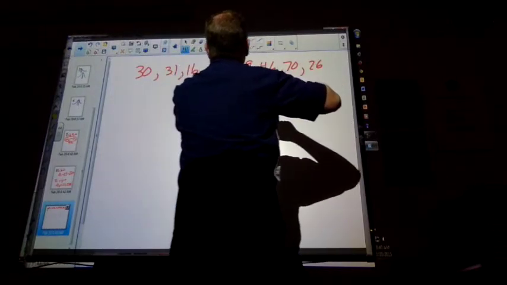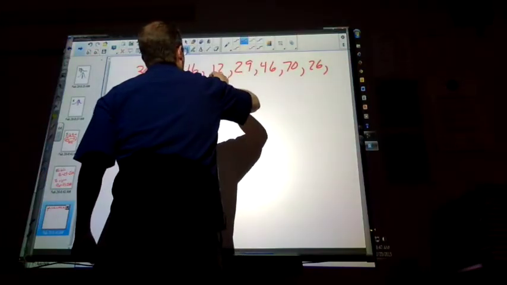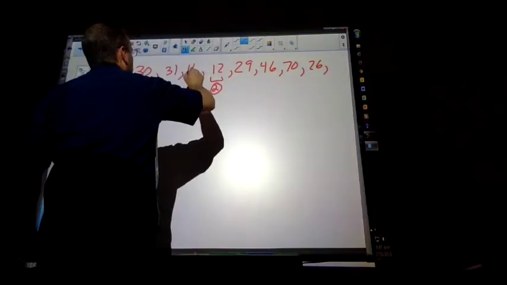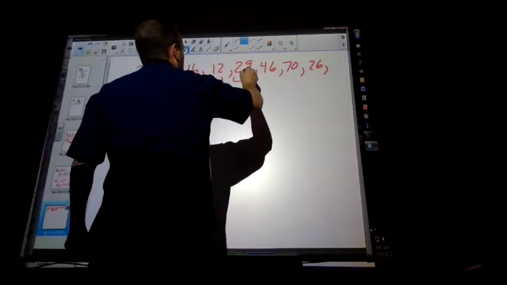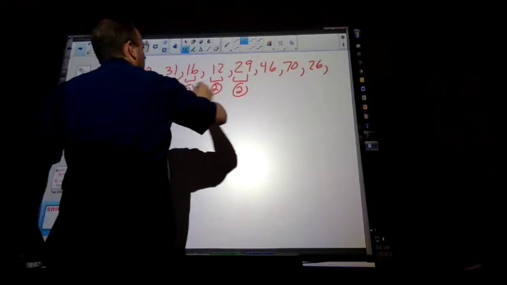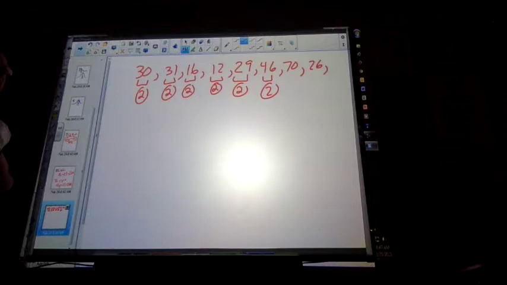One, two, three, 4, 5, 6, 7, 8, 11, 12, 13. All right. Let's say those are the high temperatures, the ones that have a 2 next to them. That means that multiple days had that temperature. Okay?